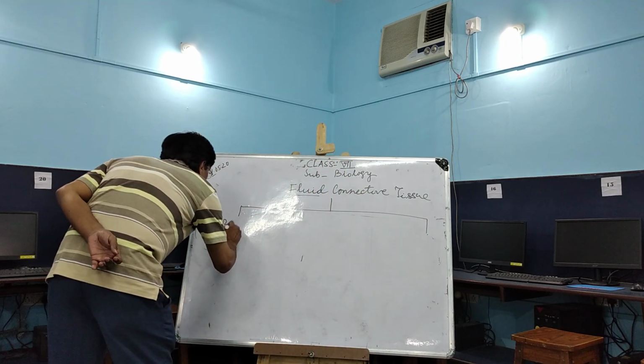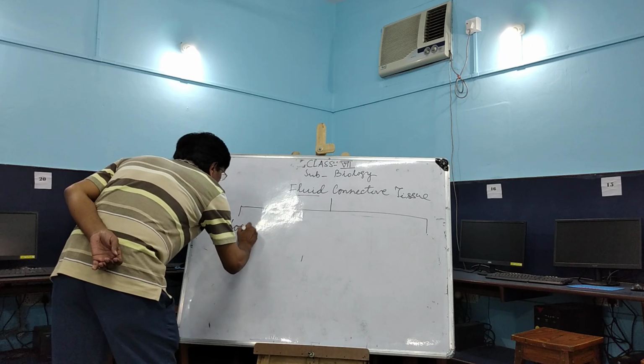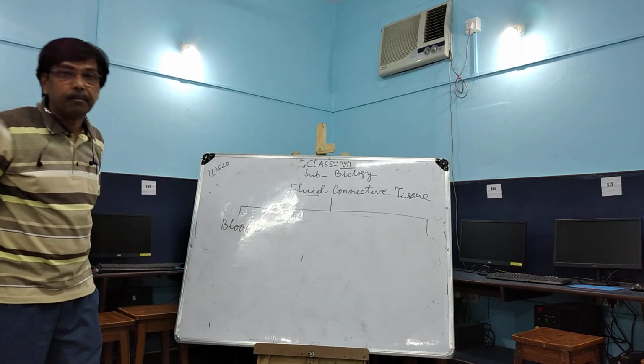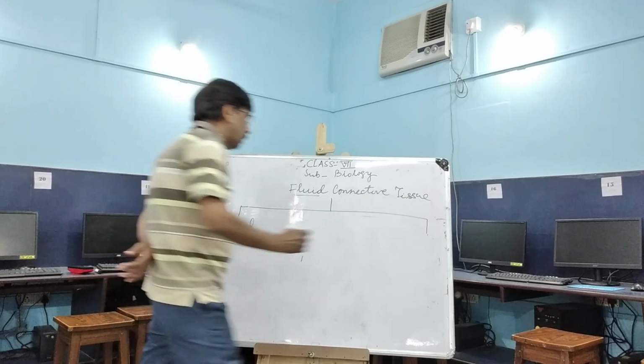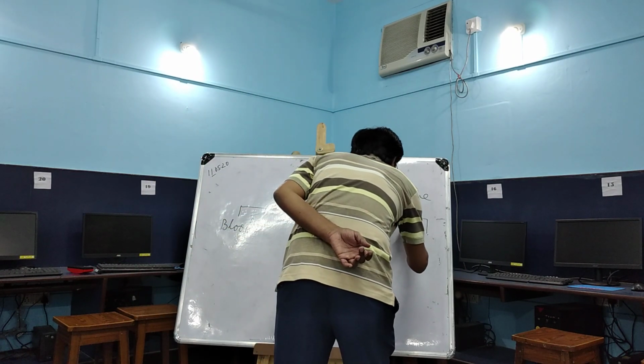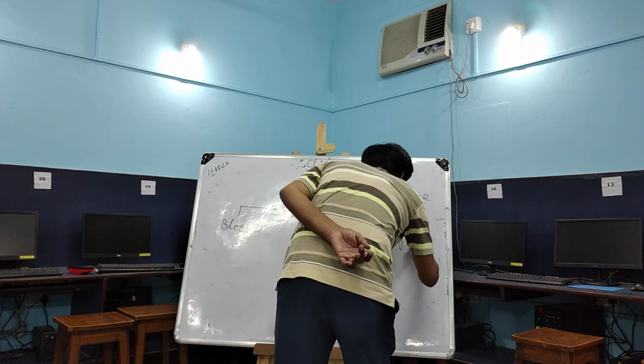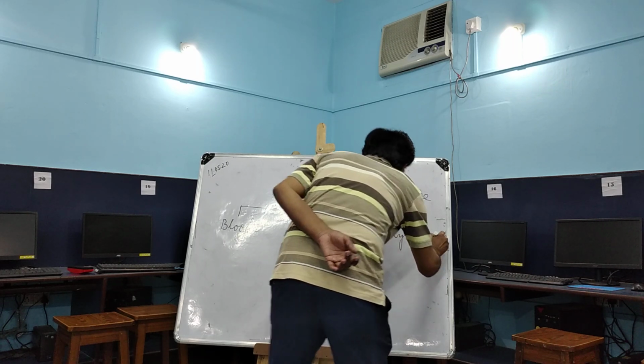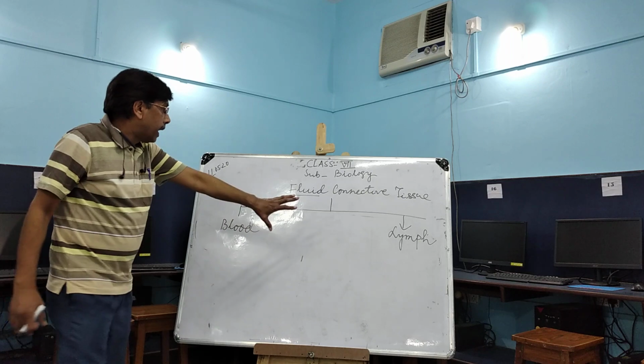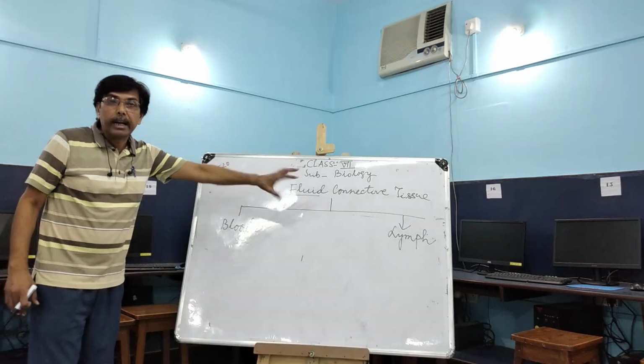The first one is your blood. Blood is a fluid connective tissue, and the second one is your lymph. So blood and lymph are the fluid connective tissues.